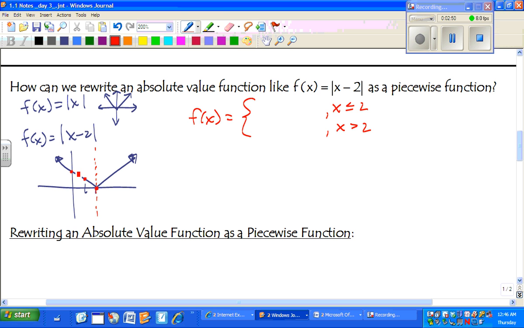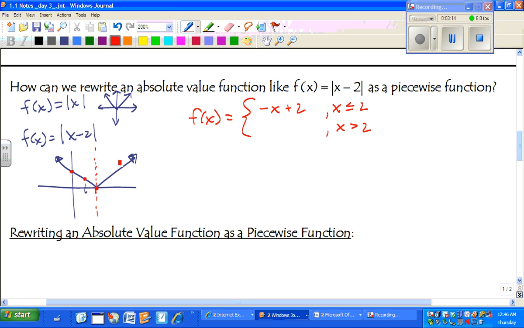I'm sorry, the slope is actually negative 1. But we go over, and there's our y-intercept, which is positive 2. So we end up with negative x plus 2, because our slope of this line is negative, down 1 over 1, down 1 over 1, and the y-intercept is 2.